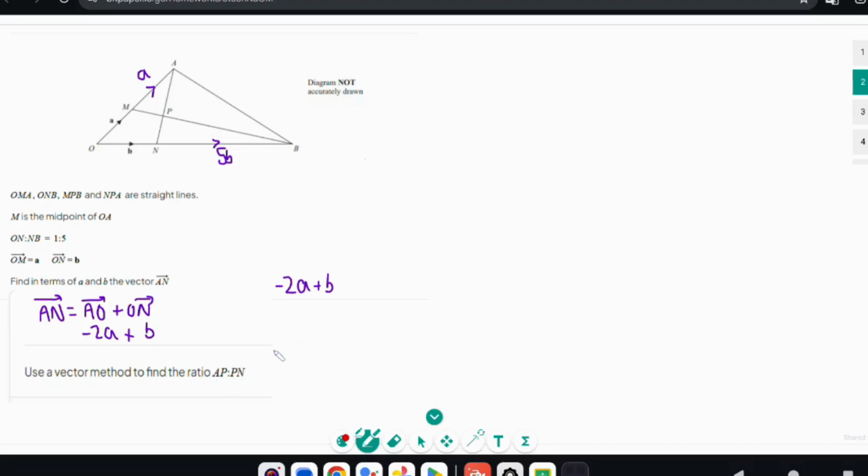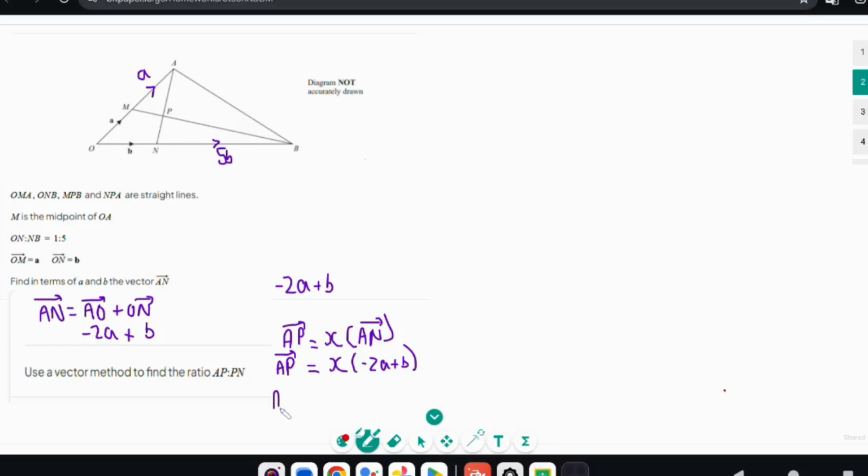So what do we know here? We know that AP is partly along the line AN. We also know what AN is, so we know that AP is a fraction x of the way along the line, minus 2a plus b.